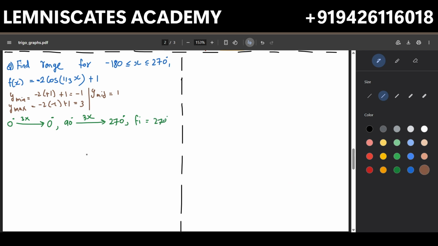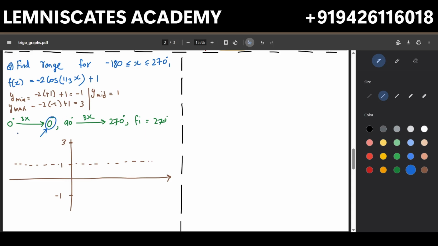And now let's say if you have to sketch the graph, this is how I'm going to draw my axis. Minus 1, then middle value is at 1, and the maximum is at 3. So a dotted line at 1 is going to look good. And the cos x is having a negative sign, so I know that the starting value is still at 0. Starting value.